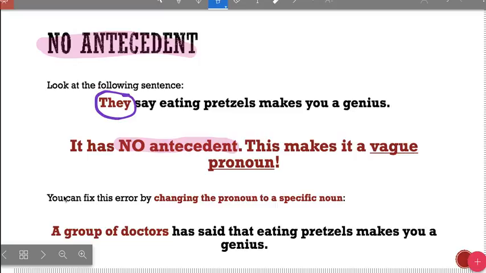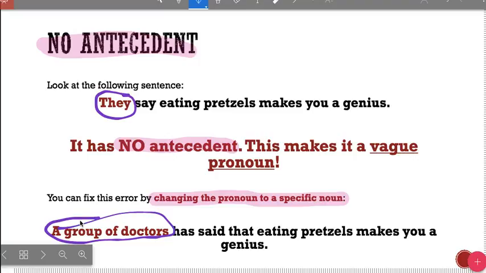To fix this error, all you need to do is change the pronoun to a specific noun. So instead of saying they, let's say who they are. We're going to say a group of doctors has said that eating pretzels makes you a genius.